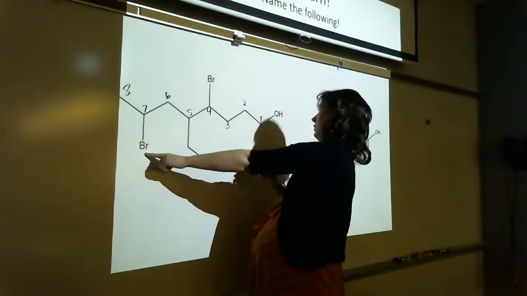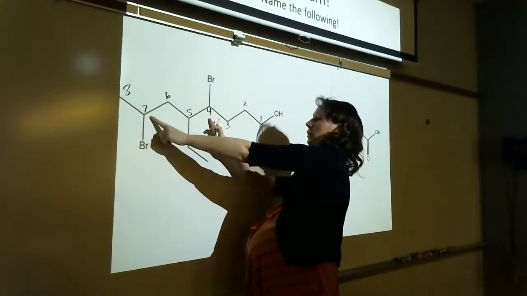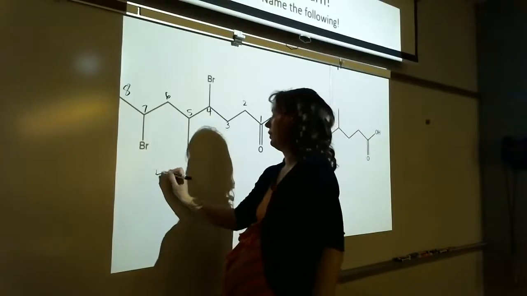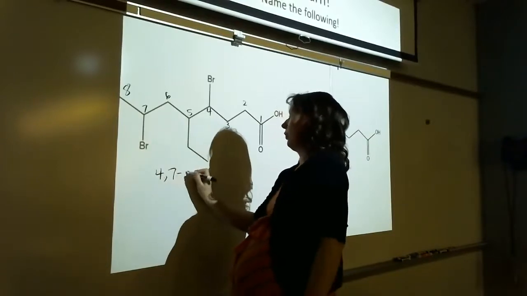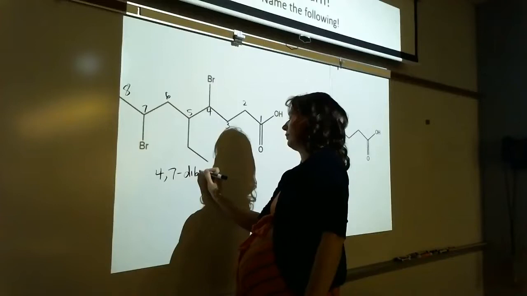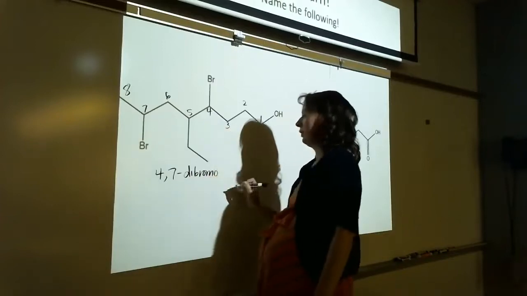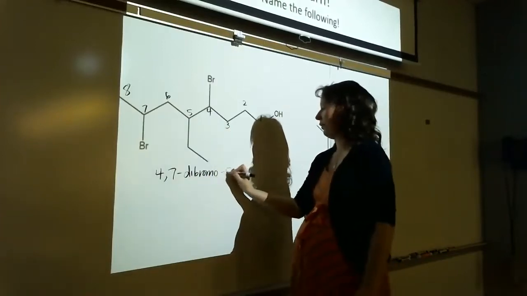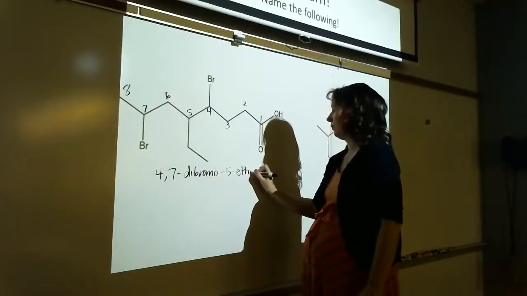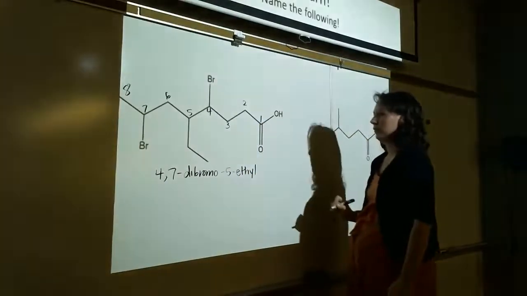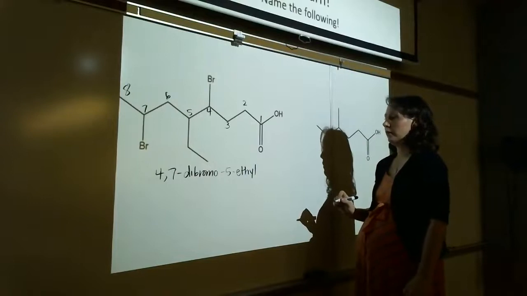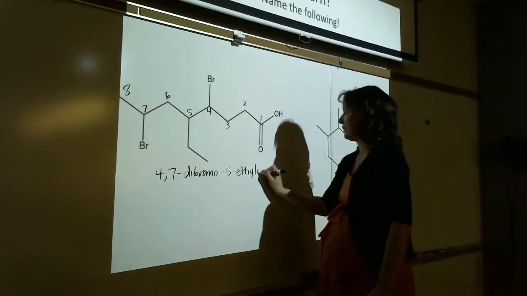It would be what numbers? 4, 7, dibromo. Then 5-ethyl. And then, is it octanoic? Octanoic acid.